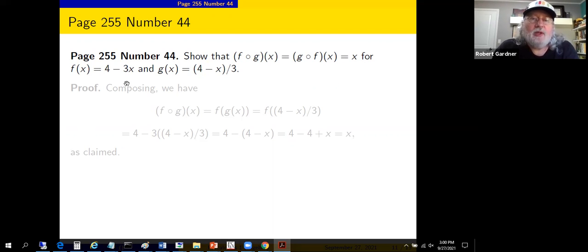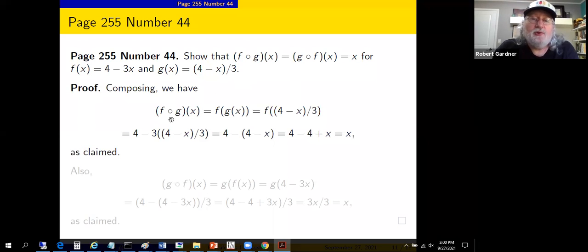Okay, well, they give us the function, so all we have to do is take the composition, f composed with g of x, that would be f of g of x. Here's g of x, 4 minus x divided by 3, f of that. f takes an input and outputs 4 minus 3 times the input, so we'll get 4 minus 3 times the input, 4 minus x divided by 3.